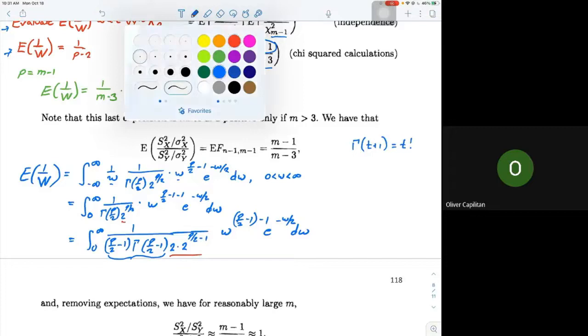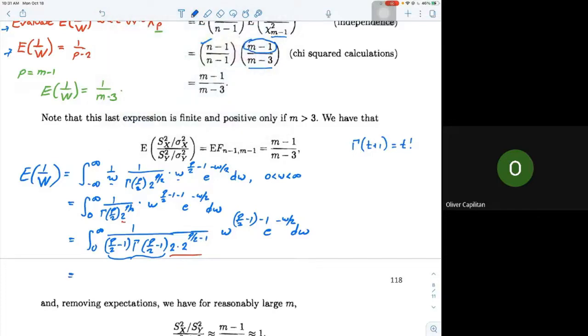So this would be equal to 1 over 2 times p over 2 minus 1. And then we have here the integral from 0 to infinity of 1 over gamma p over 2 minus 1, and then 2 to the p over 2 minus 1, times w to the p over 2 minus 1 minus 1, e to the negative w over 2, then dw.